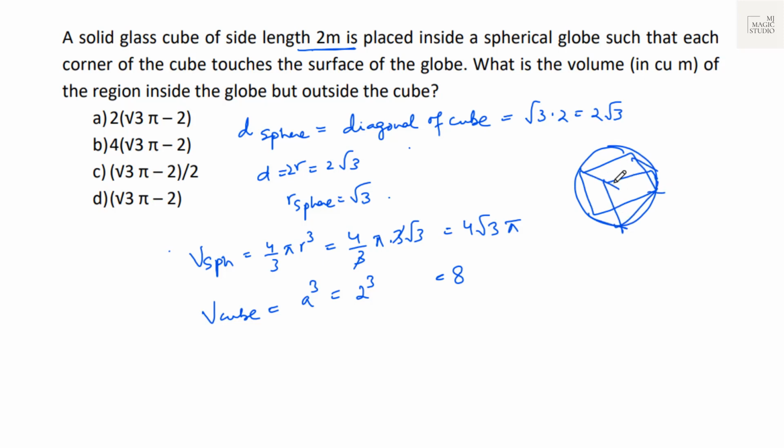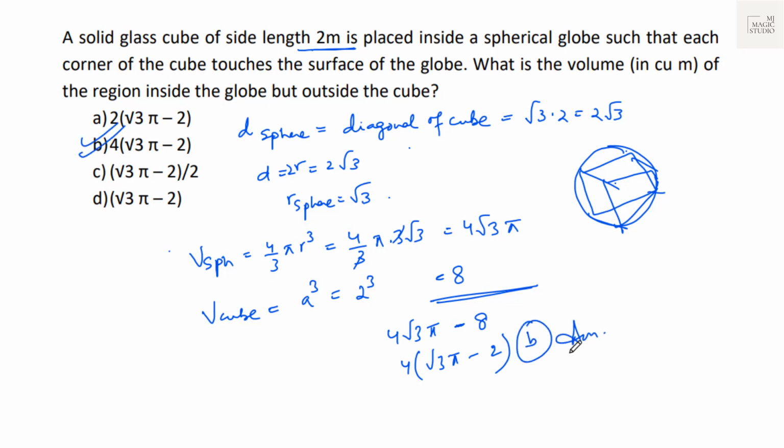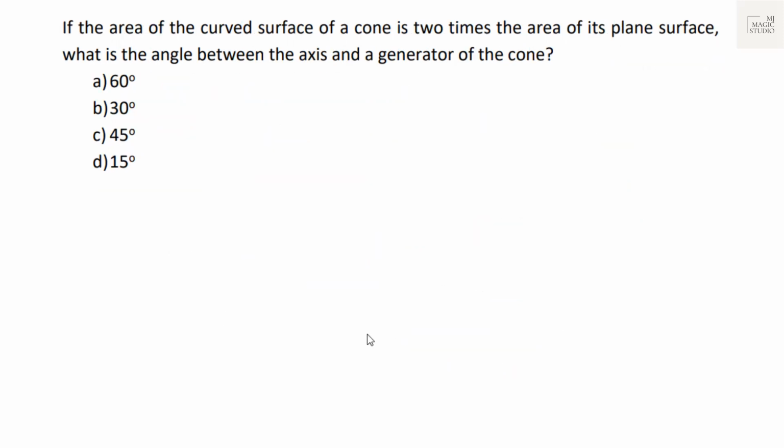So what is the volume of the region inside the globe but outside the cube? We just need to subtract these two: 4 root 3 pi minus 8, or if I take 4 common, it is 4 into root 3 pi minus 2. That is option B. Let's move on. One more on 3-dimensional. Let's see.